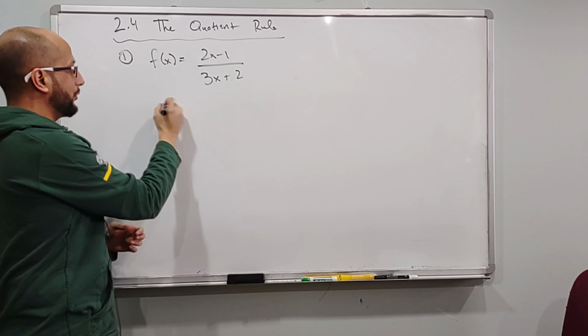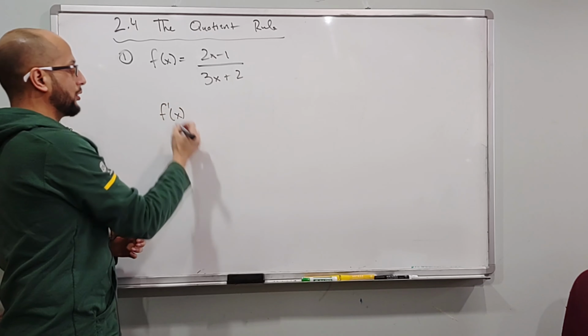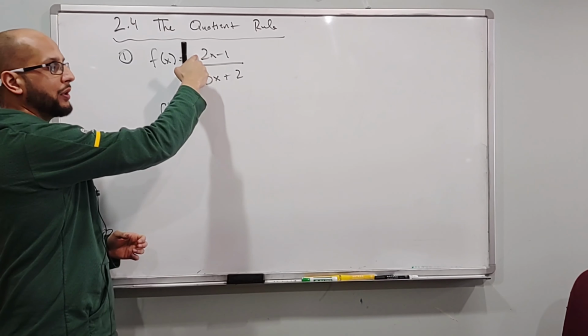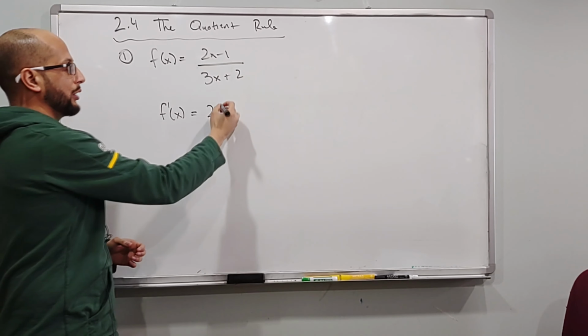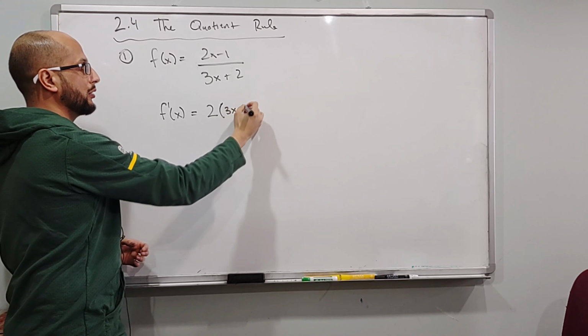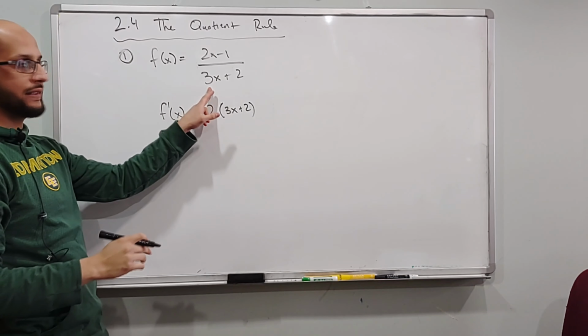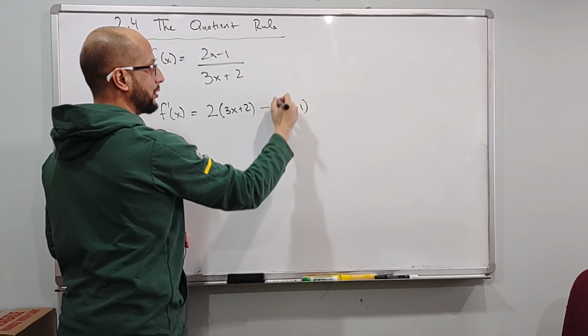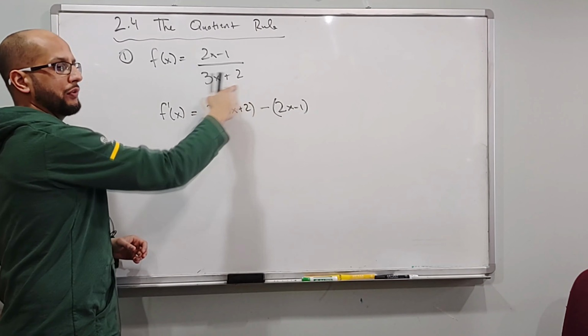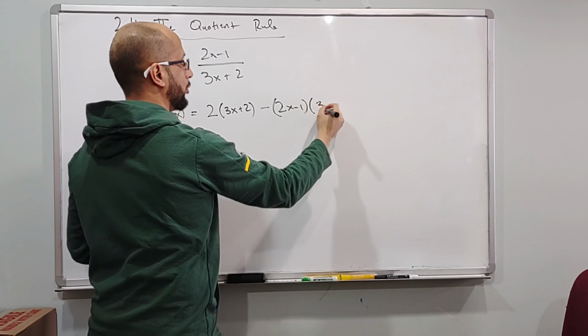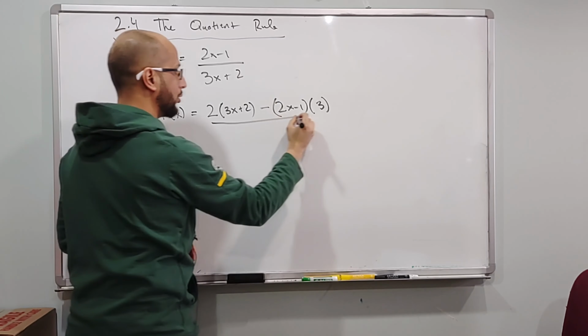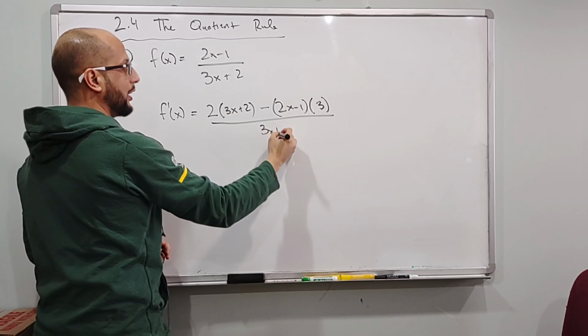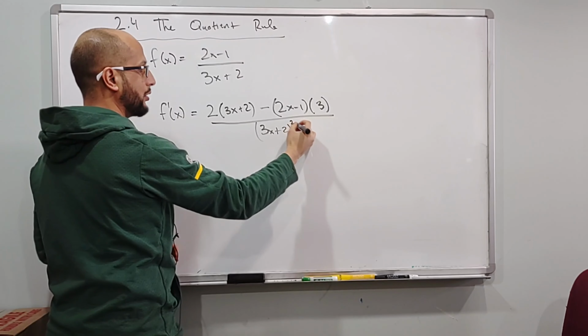To find the derivative, we find the derivative of the numerator, which is 2, multiplied by the denominator as it stands, so exactly as it is, minus, now the numerator stays as it is, and you multiply by the derivative of the denominator, which is 3, all over the entire denominator squared.